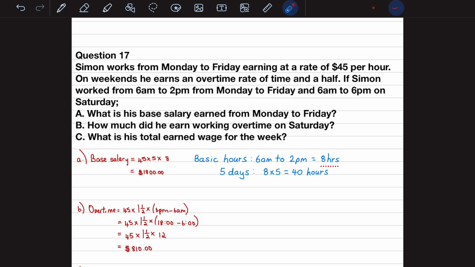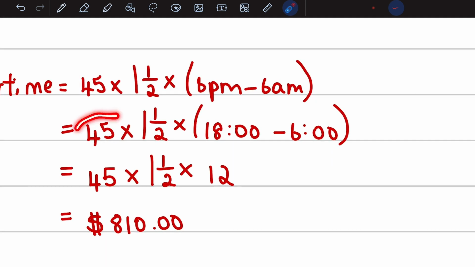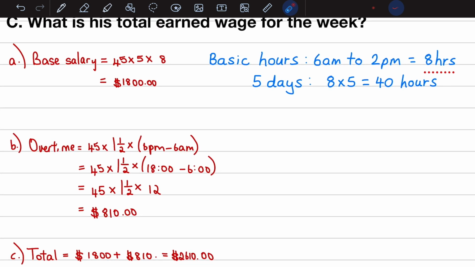Overtime now. Let's start by working out time and a half. 45 times 1.5. Alright, let's work that out. So 45 multiplied by 3 over 2. So we have it here now. Let's work that out on the side.